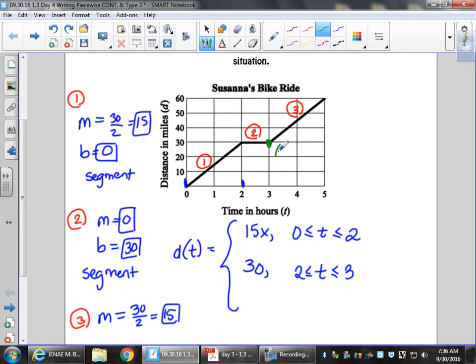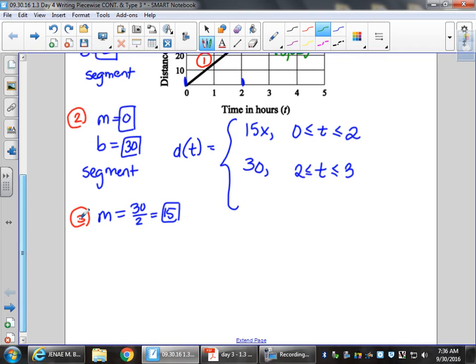Sure. What other ordered pair could we have worked with that would work just fine as well? 5, 60. So your choice is between 3, 30 and 5, 60. So consensus though is 3, 30. So let's do that. Using 3, 30, and we already calculated m is 15.